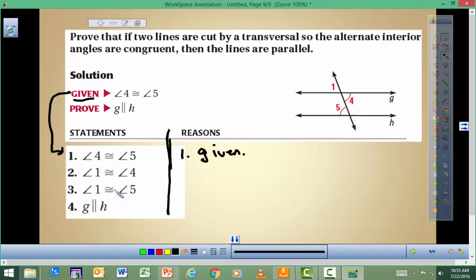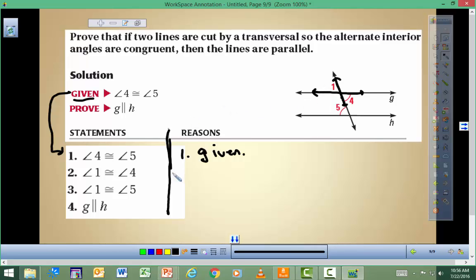Okay, so now we want to say that angles 1 and 4 are congruent. Well, remember, there's two lines that crisscross right here. When two lines crisscross, you're always going to get vertical angles. And so angles 1 and 4 are vertical angles.